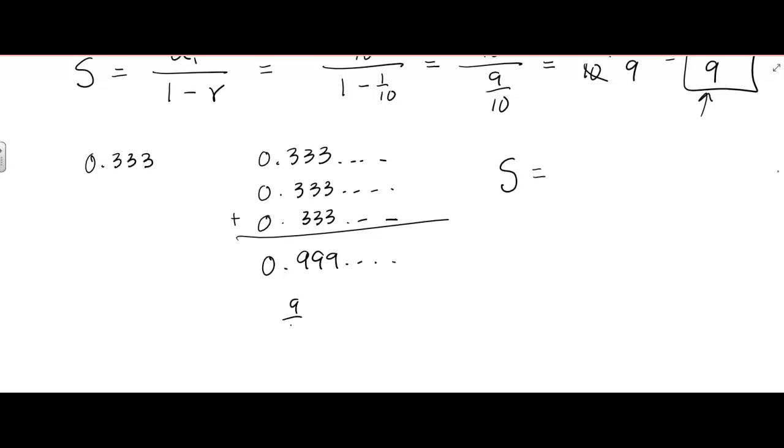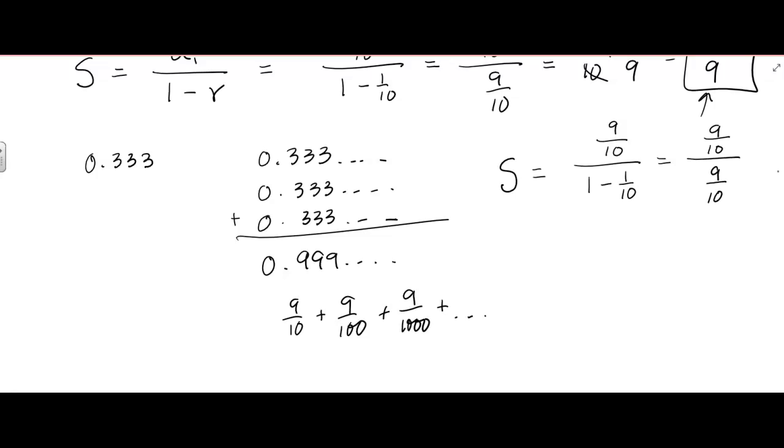You'd have 9/10 plus 9 hundredths plus 9 thousandths, just like we did with the 7. But now you're going to have 9/10 over 1 minus 1/10. Well, that's going to be 9/10 over 9/10, which sure enough is going to equal 1, the whole cake.